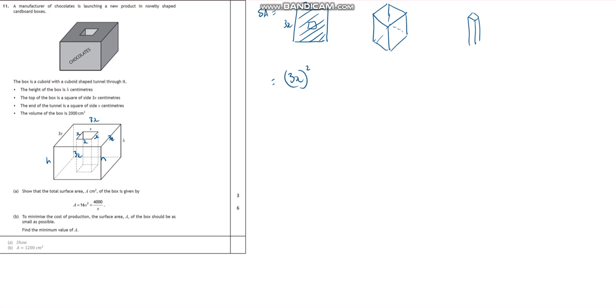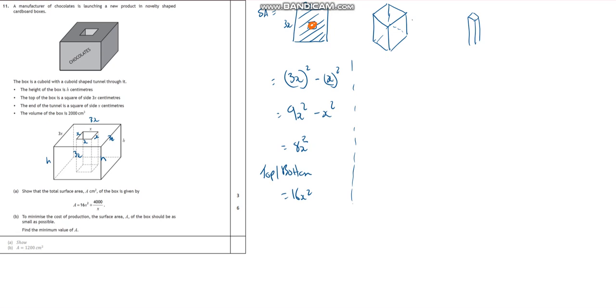I need to take off this little bit in the middle, which, if we look over here, is x times x, which is x squared. I need to take off x times x, x squared. So 9x squared, take away x squared, is going to give me 8x squared. And there's a top and the bottom, so it's going to be 2. I'm going to write top 16x squared, because there's 2.